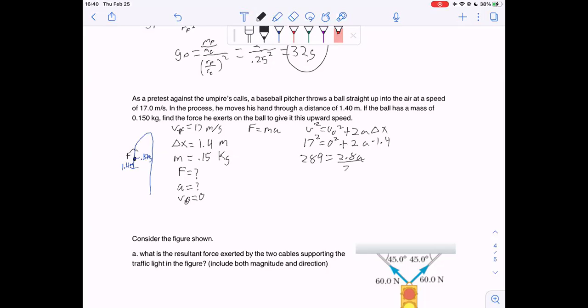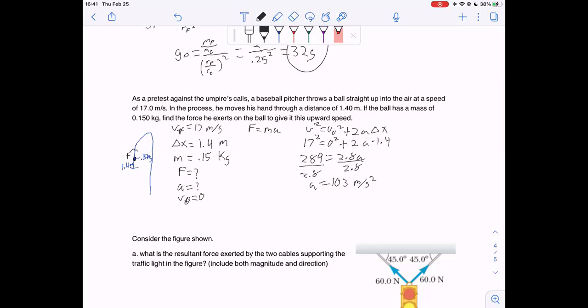Divide both sides by 2.8. And we find our acceleration is what? 103 meters per second squared.